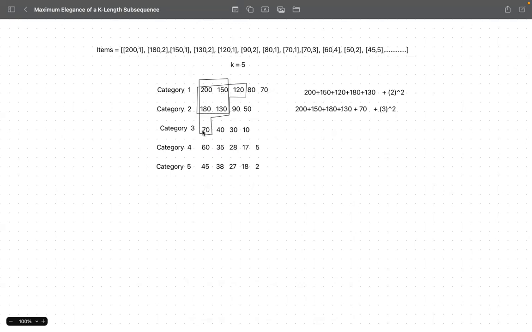Okay, now going for the next category, to include the next category we can include one of these items, and we have to find the maximum profit item. So we will choose 60, because 60 is the maximum profit we can get out of these categories which have not been used, and we have to remove some duplicates.